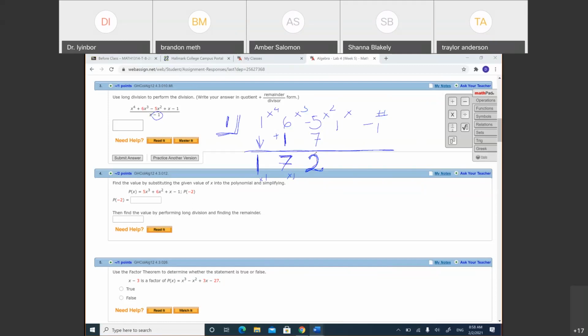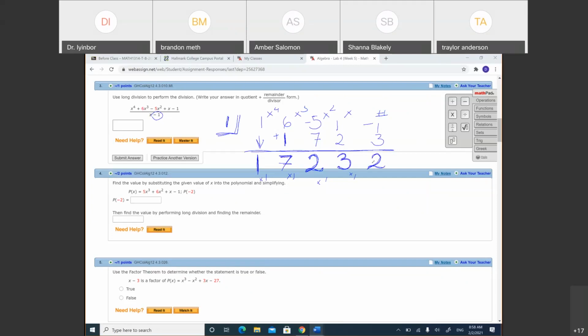Then I'm going to multiply 2 by 1 is 2. And I'm going to add it. 2 plus 1 is 3. And then I multiply 3 times 1 again. You always multiply by the number in front. 3 times 1 is 3. And I'm going to add -1. So 3 minus 1 is going to be 2.